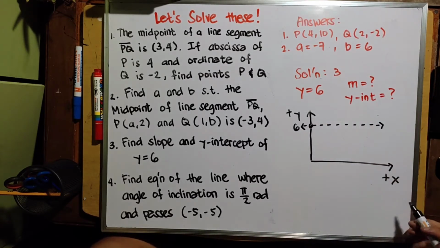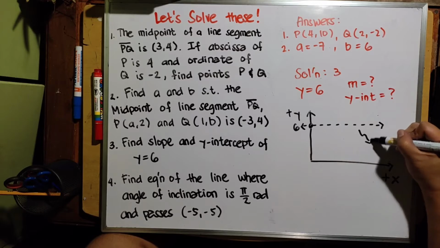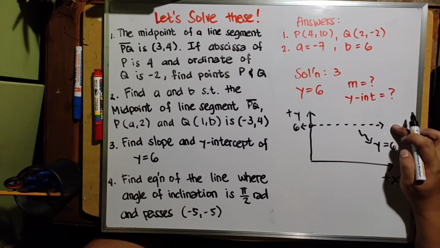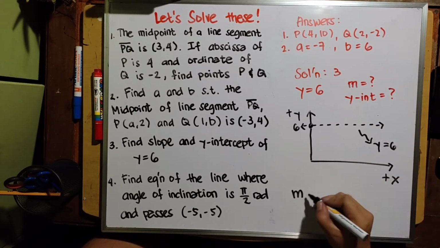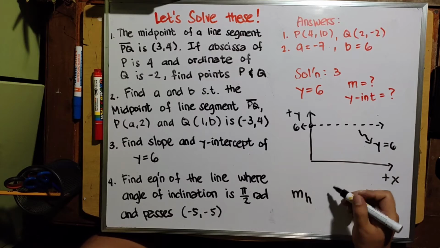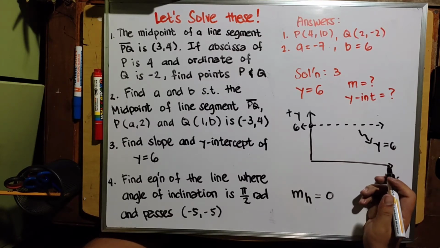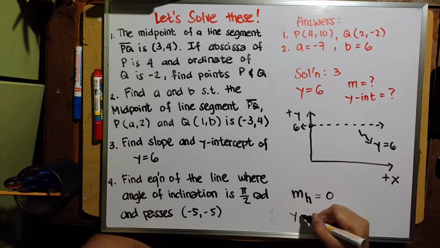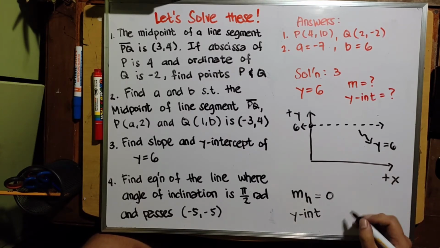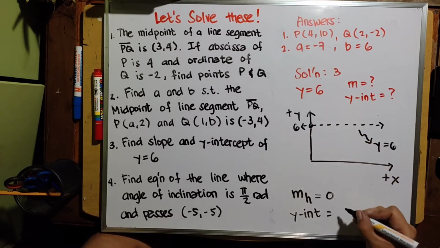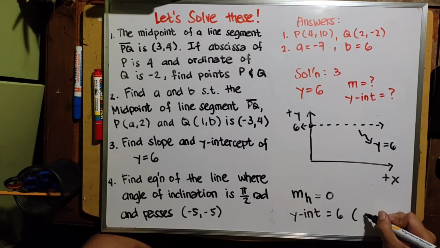Okay, this is our line, y equals 6. Now take note, this is a horizontal line. What is the slope of a horizontal line? The slope is automatically 0. Then the y-intercept, the point where it touches the y-axis, is 6, or to be exact, (0, 6).